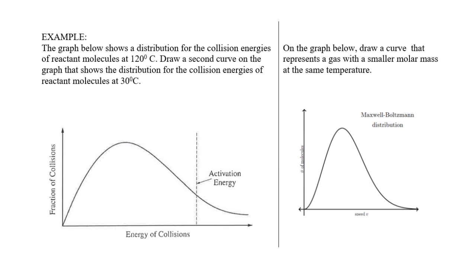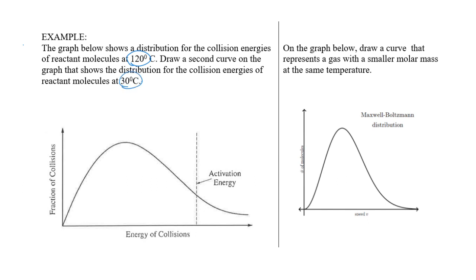So the example down below is showing an old free response question that we've had before. It says the graph below shows a distribution for the collision energies of reactant molecules at 120 degrees Celsius. Draw a second curve on the graph that shows the distribution for the energies at 30 degrees Celsius.